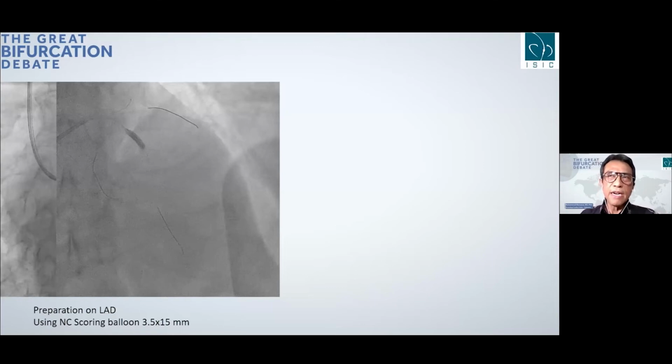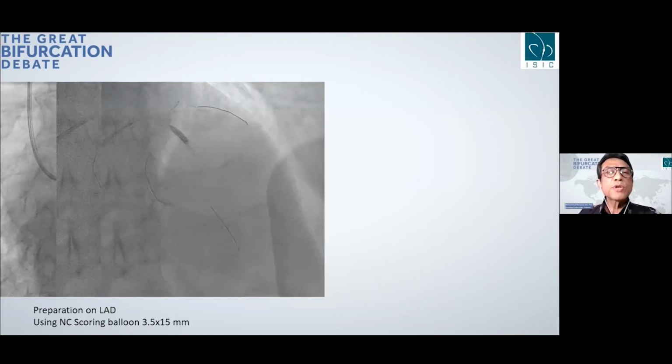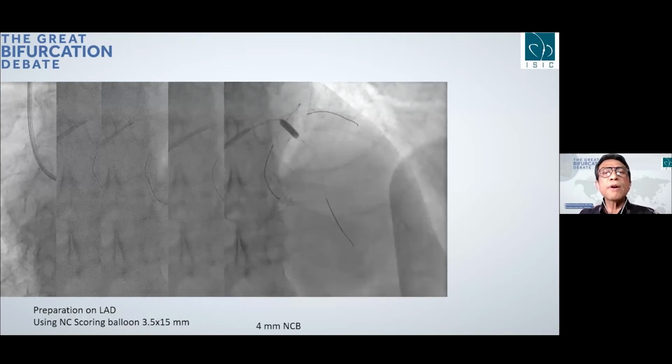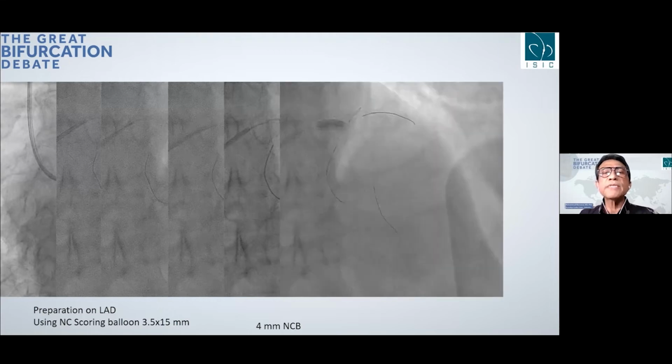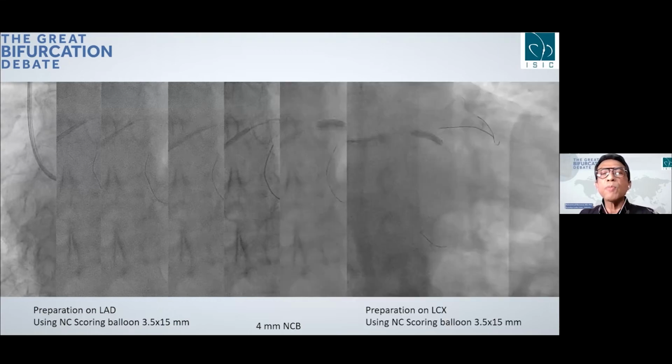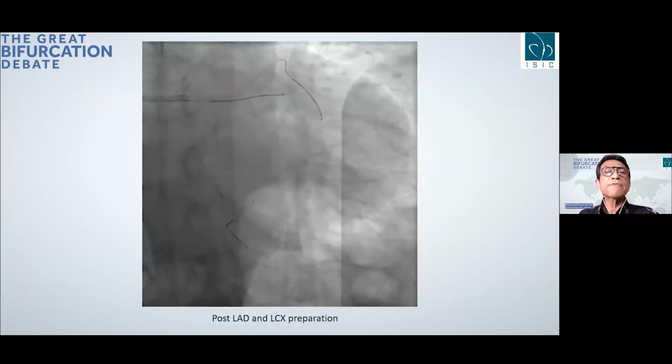The length, according to IVUS, is about 36 millimeters. I do it with the 3.5 scoring balloon, and then proximally with 4 millimeters at the left main, and then LCX with a 3.5 millimeter balloon. And what's happening after that?